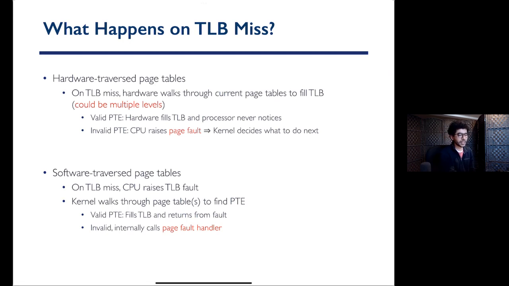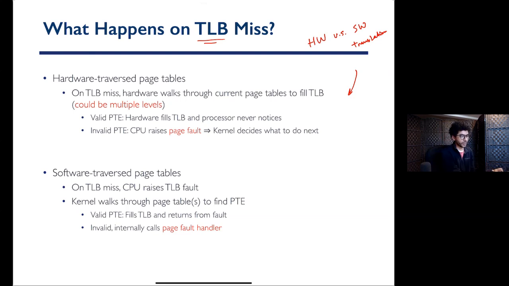This slide is very similar to the slide we saw in the previous lecture, which was hardware versus software translation. So this is basically that same slide, right? Because when you have a miss in the TLB, it means that you don't have it cached. So now how do you translate?